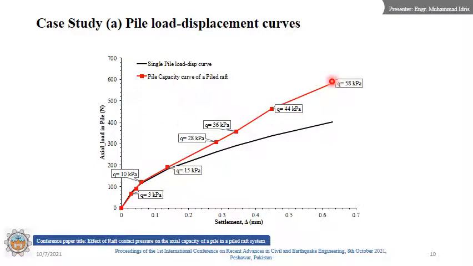However, under the surface pressure of 58 kPa, it is having the same settlement. So under the same settlement, the pile capacity is greatly increased when a surface pressure is applied on the raft.